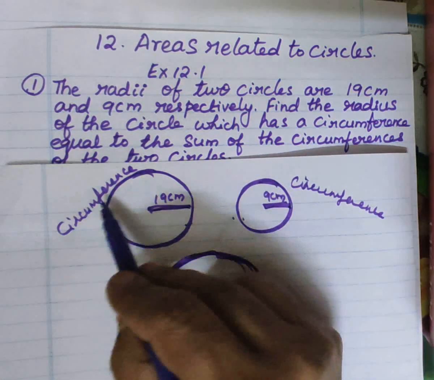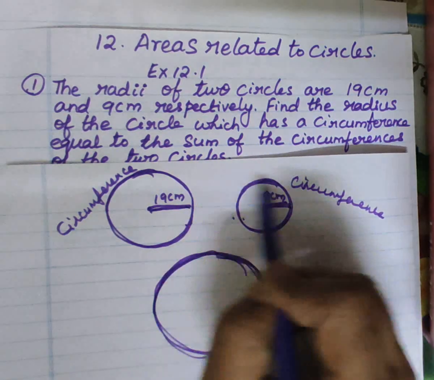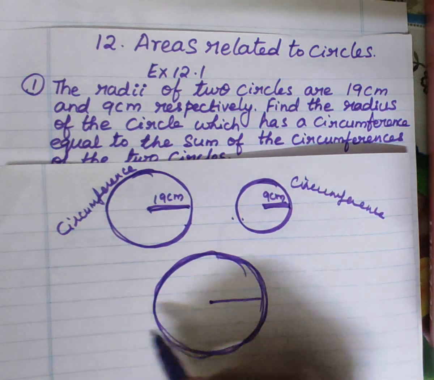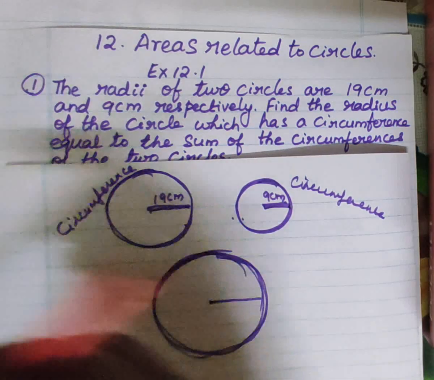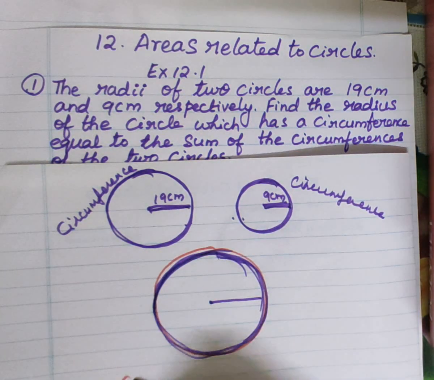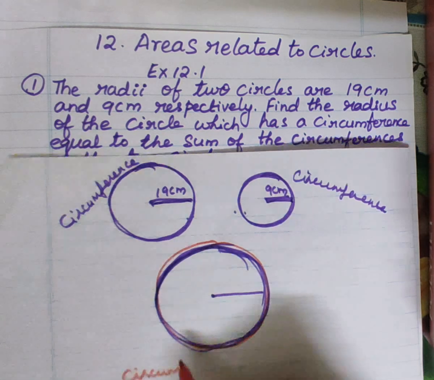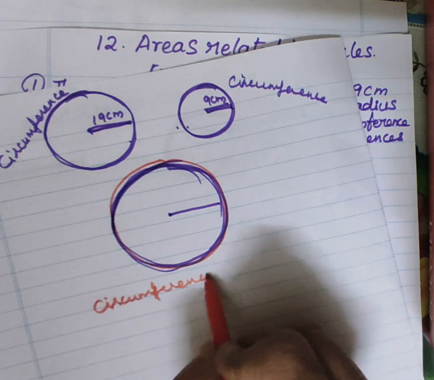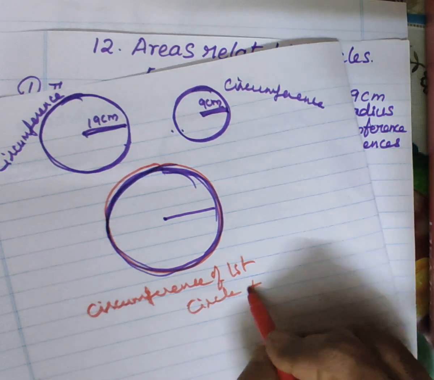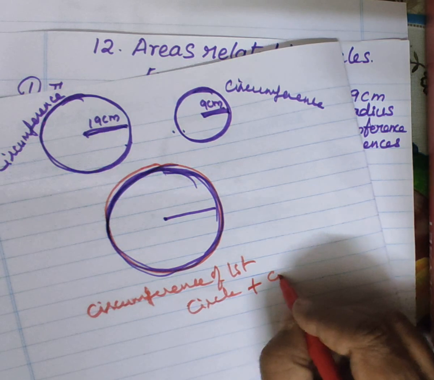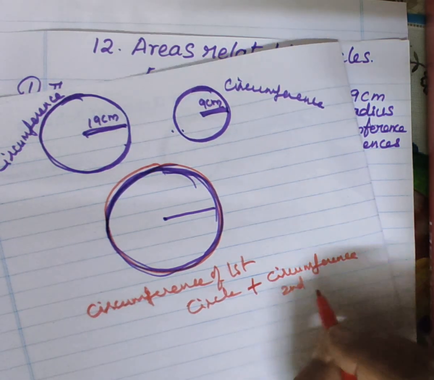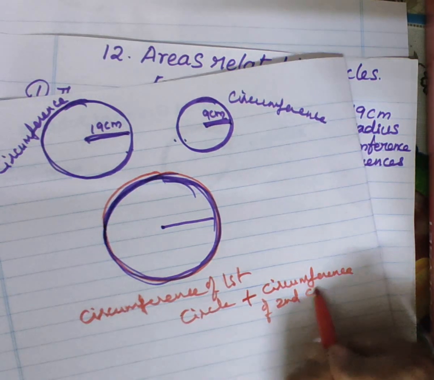Now after finding the circumference of these two circles, we have to find the radius of this third circle whose circumference is equal to the circumference of the first circle and the second circle.